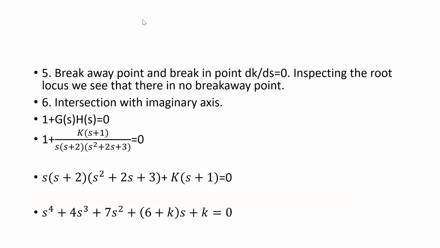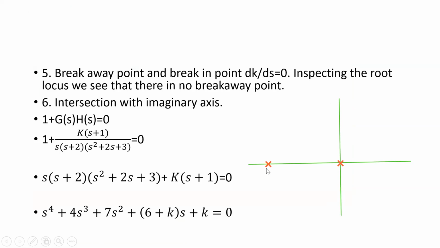Then we have to find a breakaway point. When we look at this root locus, we see that it will not have a breakaway point. See what happens here: this is the real axis and this is the imaginary axis. We will have a pole, and the root locus always starts from a pole. Suppose this is a pole and this is a pole.